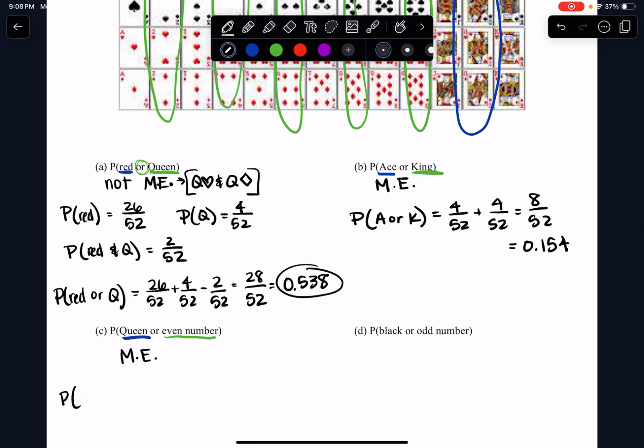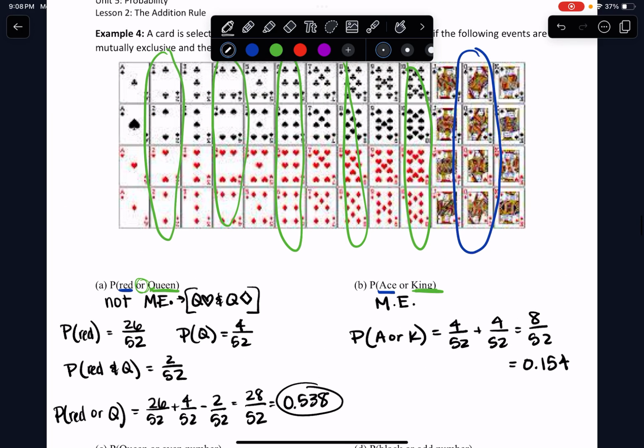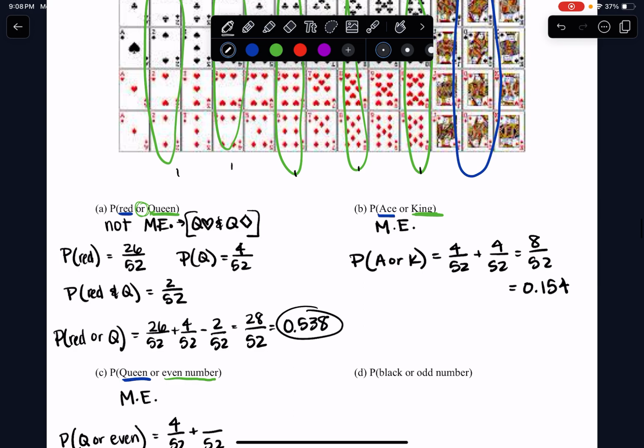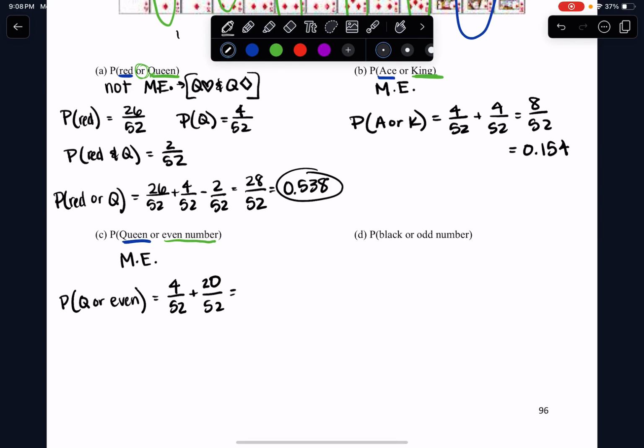And the probability of queen or even equals 4 out of 52 plus, we have 1, 2, 3, 4, 5 sets of even numbers. 5 times 4 is 20 out of 52 cards are even. So that is 24 out of 52, or 0.462.